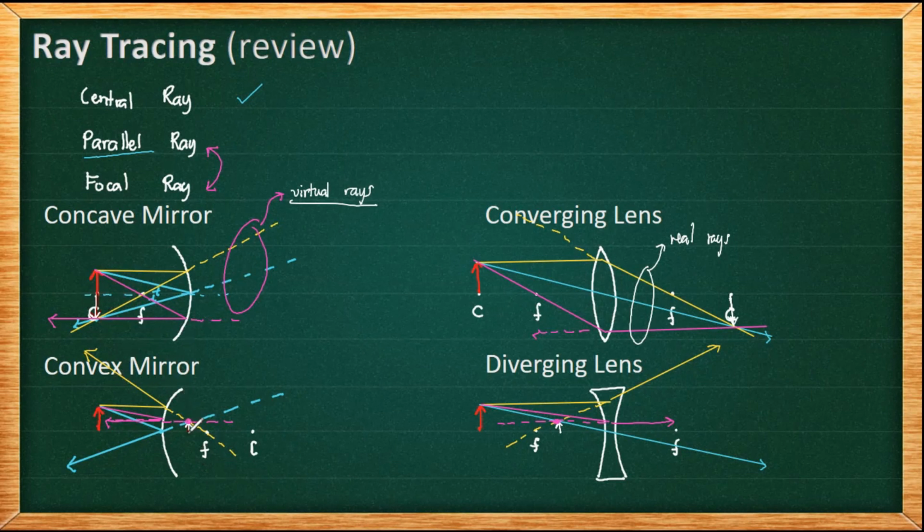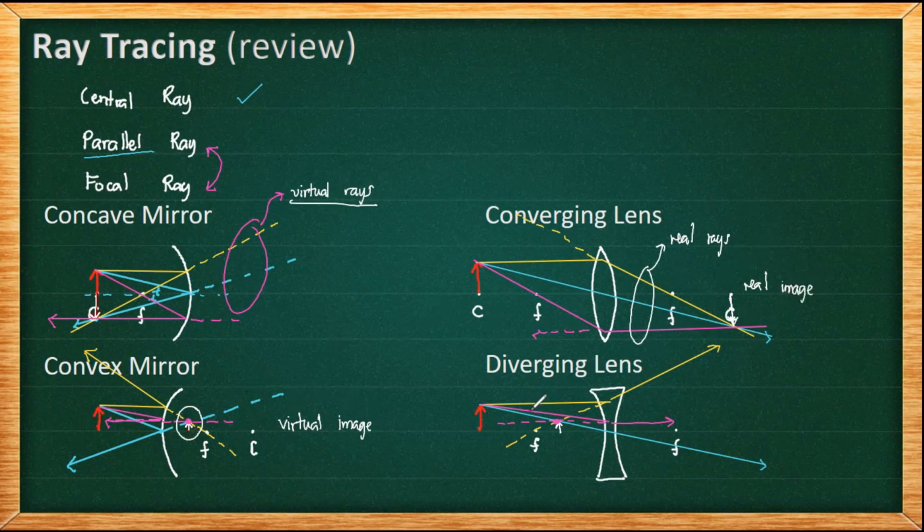Here for the convex mirror, the virtual rays form the intersection. And so for this case, this image is a virtual image. Size is diminished and it is upright. This one is a real image because the intersection is formed by these real rays.